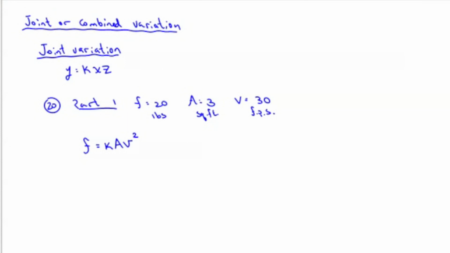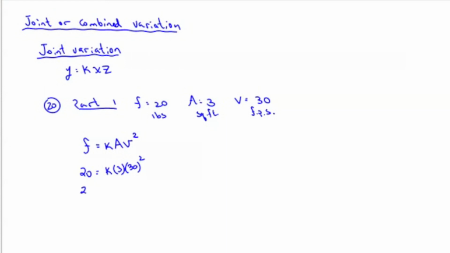Now you can plug in your numbers. We got the format: F equals K A V squared. K is what we're looking for. F is 20, A is 3, V by itself is just 30, but then we have to square it. 30 squared is 900, times 3 is 2700.